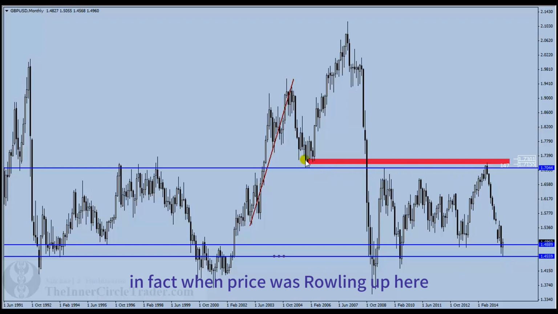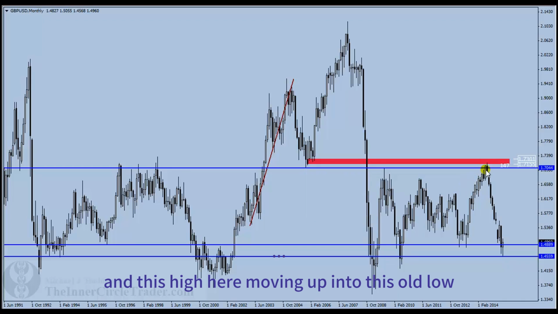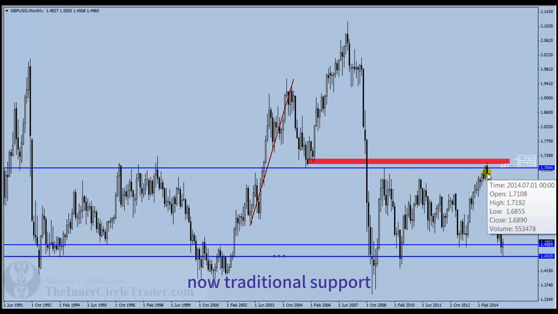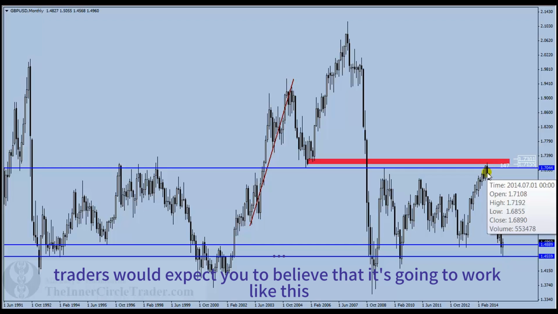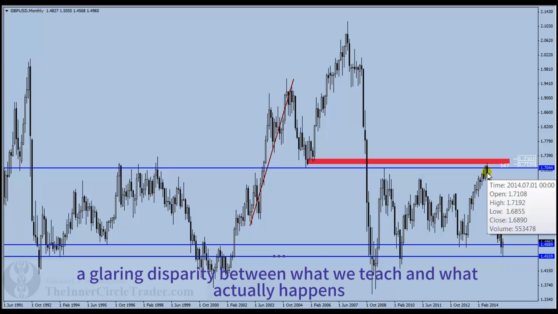A low here on this candle comes in at 170.46. The actual high that it moved to was 171.92. That's a pretty significant difference. Now, not so much if you're a higher time frame trader and you use multiple hundred pip stops.